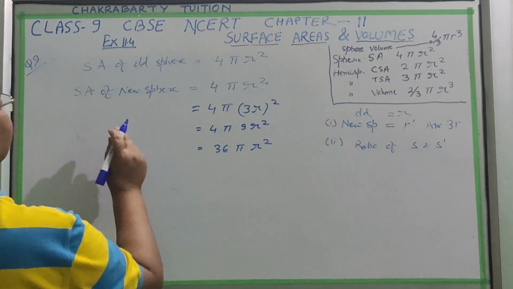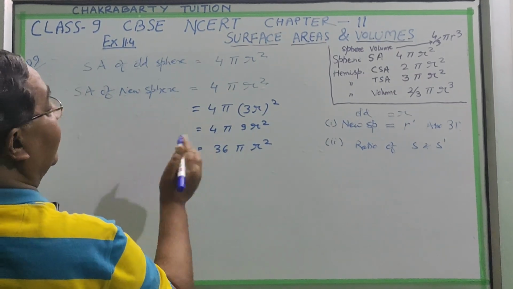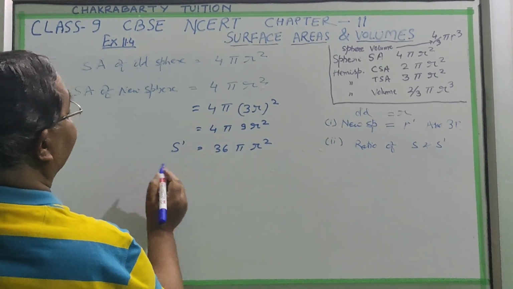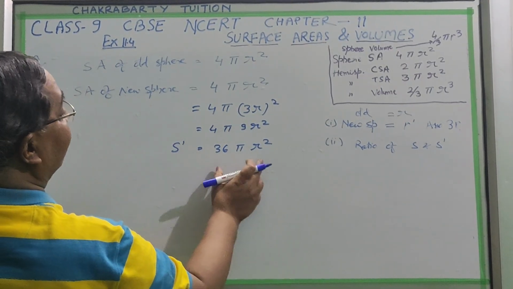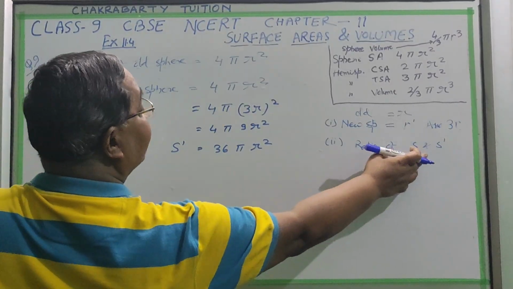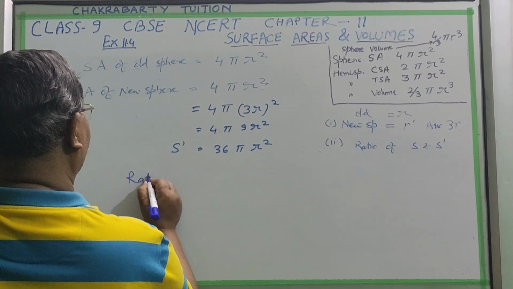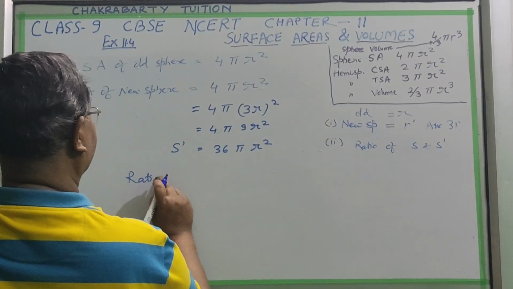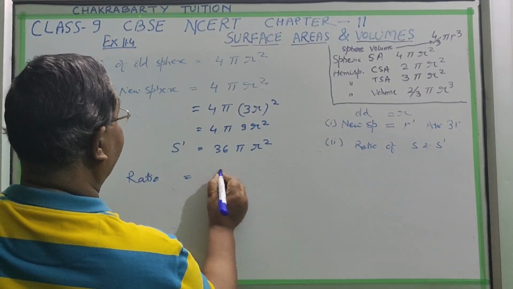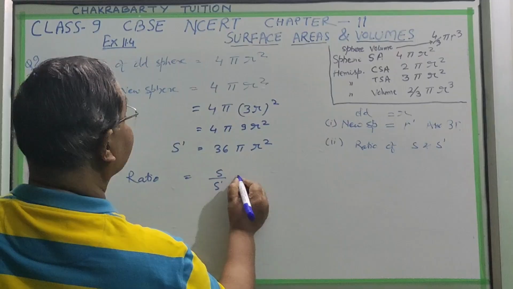Now the ratio, this is of the new sphere. So S dash will be, they have termed it as S, and the ratio will be equal to S upon S dash.